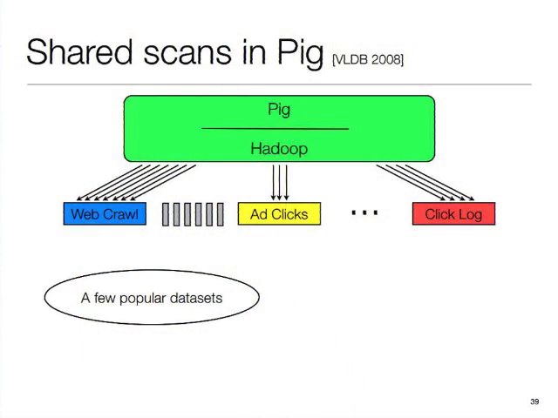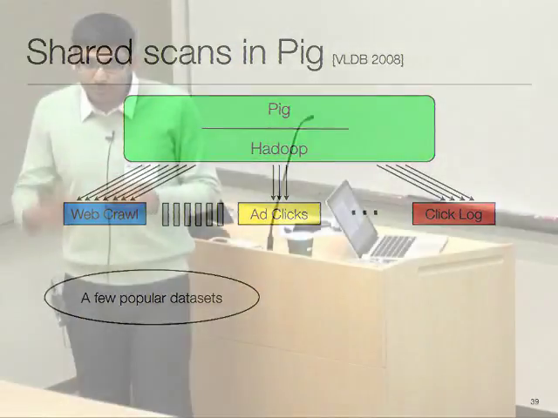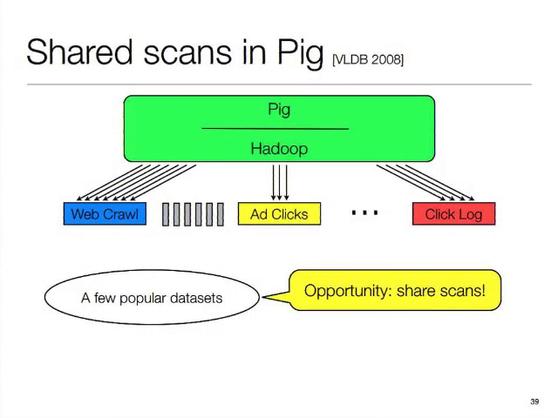One observation is that a large part of the time spent by this system was spent analyzing a few very popular data sets, which suggests that there's a bunch of queries attacking the same data sets. So there's an opportunity to share work across these queries. One scan can help answer multiple queries.